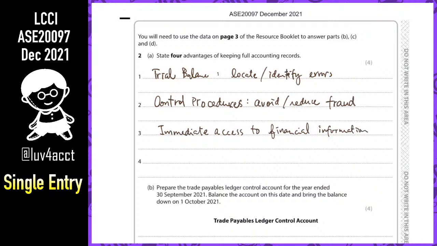And because of this, it can enable more informed decision making. These two are actually one point, but if you are asked to give 4, then somehow you have to separate them, so that you have more points to score.